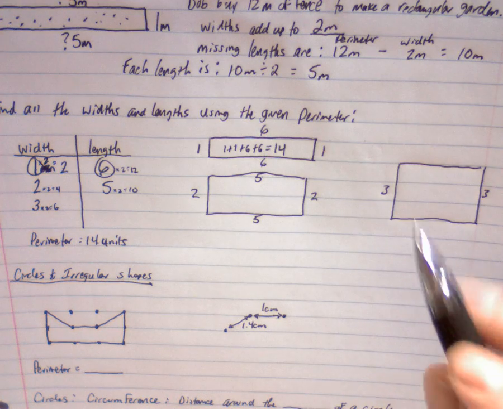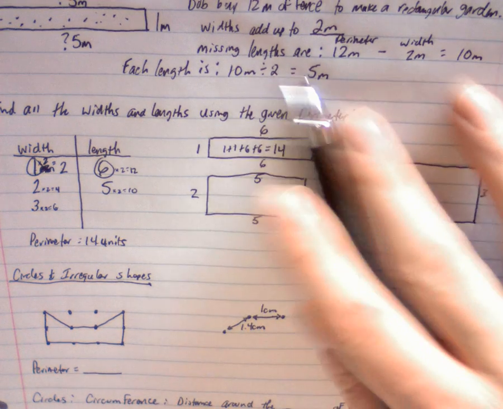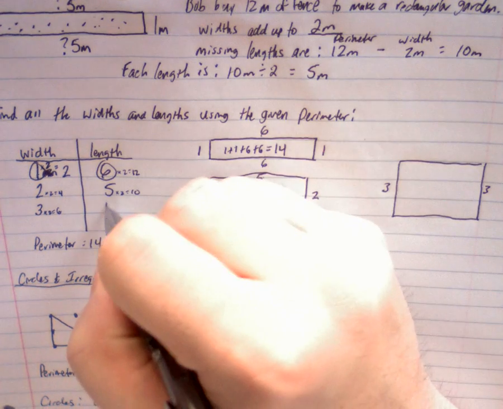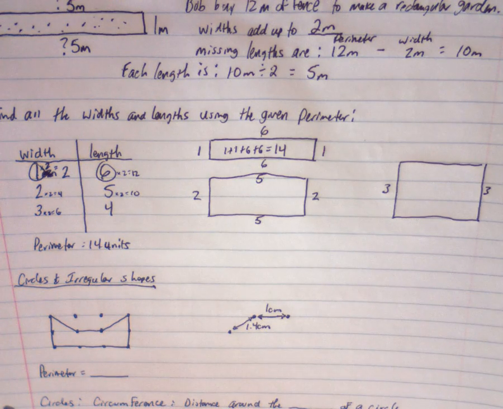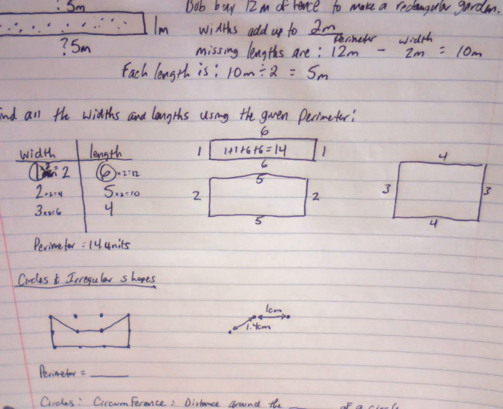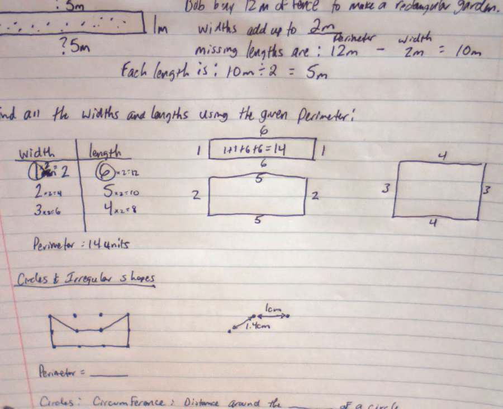And 8 divided by 2, remember, because I need to find out what each length is, gives me 4. So I put 4, because 4 times 2 gives me 8. 8 plus 6 gives me 14. That's all you need to do.